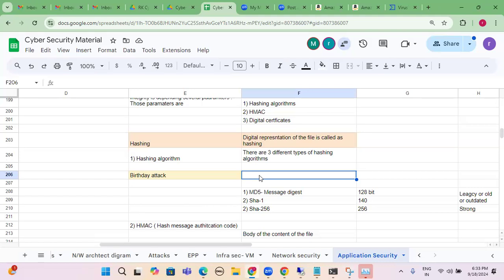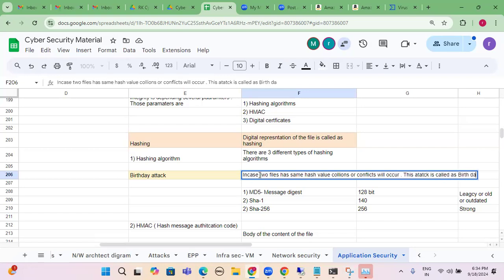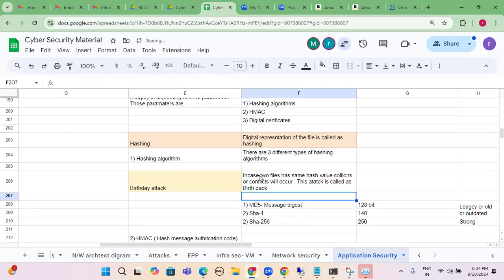That is a drawback of MD5. So in case two files have the same hash value, collisions or conflicts will occur. That attack is called a birthday attack or collision attack. To mitigate this, what do we have to do?